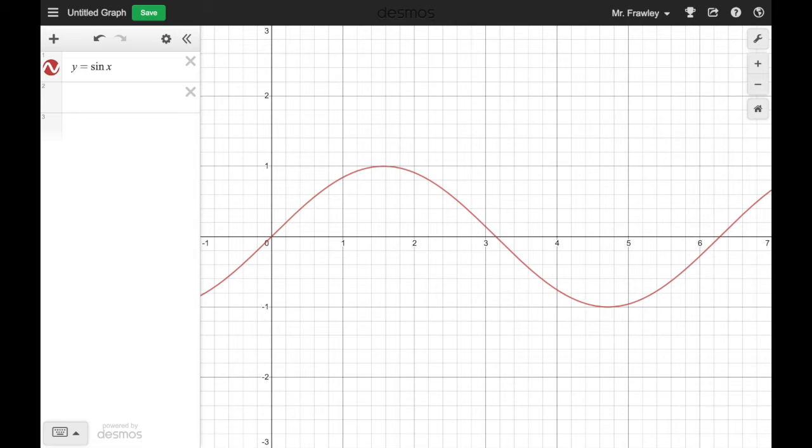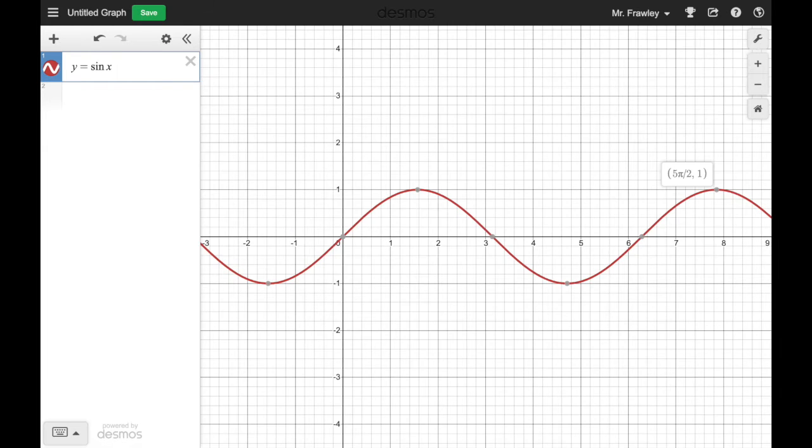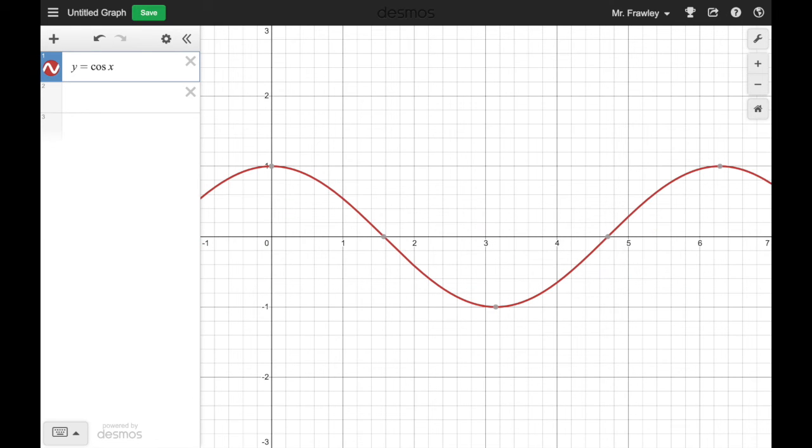For the essential y equals sine of x, sine of 0 is 0, sine of pi over 2, or about 1.57, is 1, sine of pi is back to 0, sine of 3 pi over 2 is negative 1, sine of 2 pi is 0 again, 5 pi over 2 is back up to 1, and so on. We can also backtrack and go from, say, 0, 0 to negative pi over 2 and negative 1. Cosine is identical, again with that quarter turn shift.